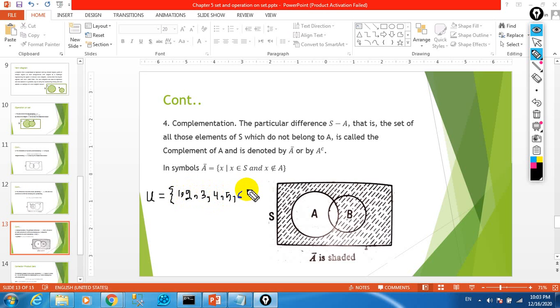For example, these are the elements of U. For example, A is equal to 3 and 5.